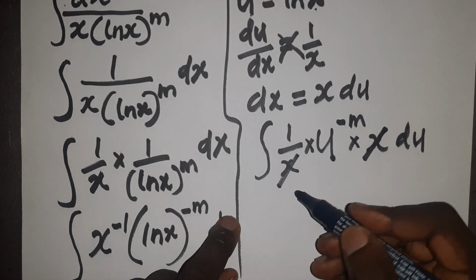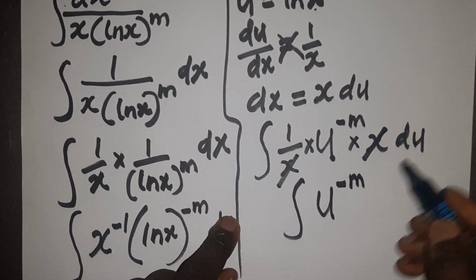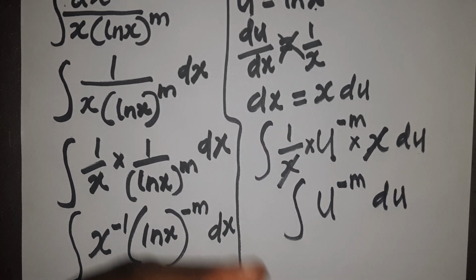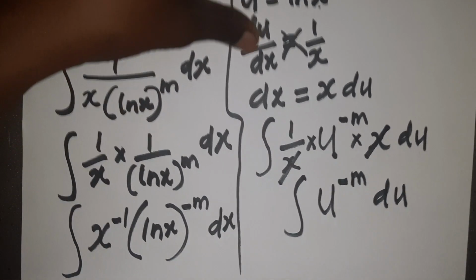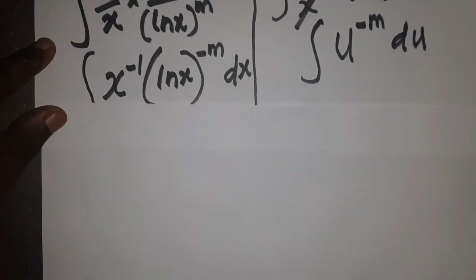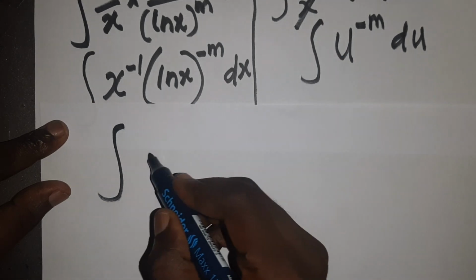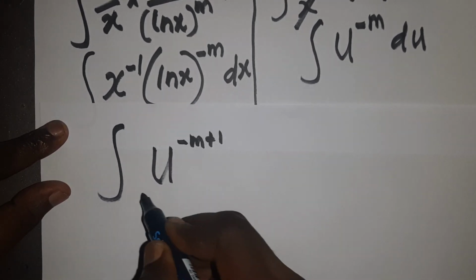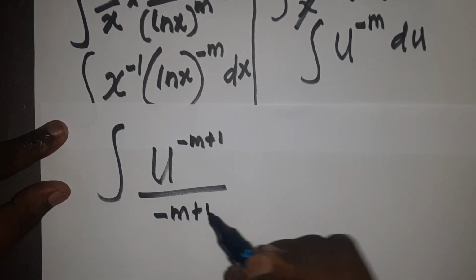So rewriting it, I have the integral of u raised to power minus m du. So this is now in standard form. We can now confidently and conveniently integrate the problem with respect to u. So following the direct method, this becomes u to the power minus m plus 1, over minus m plus 1.